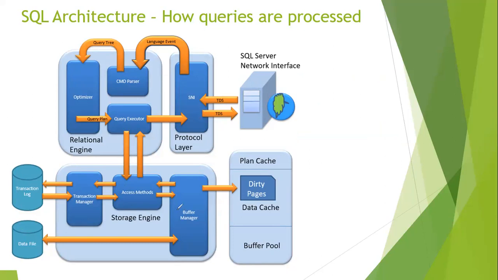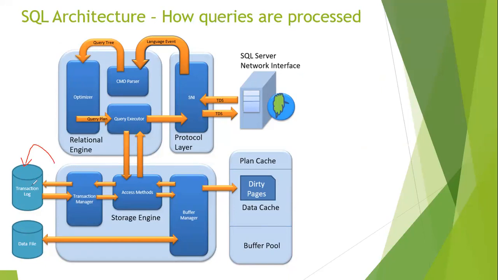Now, I want to perform a modification. It will be written to the transaction log file first, so that you will have the information about where the transaction is open or where the transaction is modified.